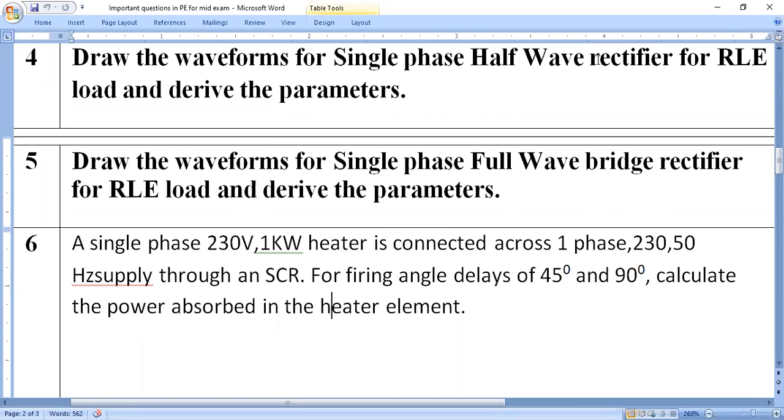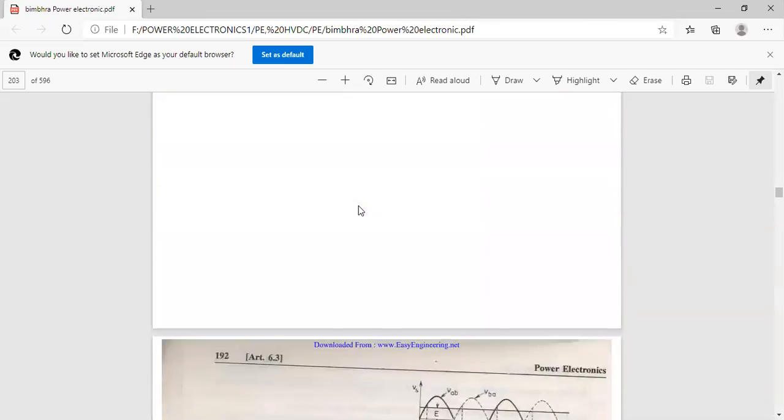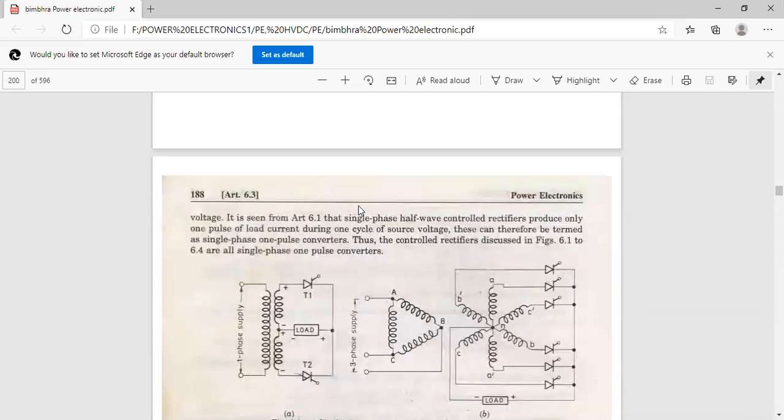For the fourth question, single phase half wave rectifier for RLE load, which derivation you have to note down, I am telling the page number and equation numbers also.